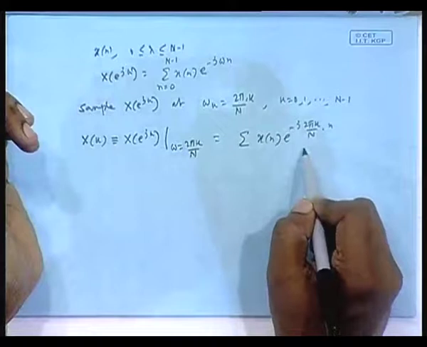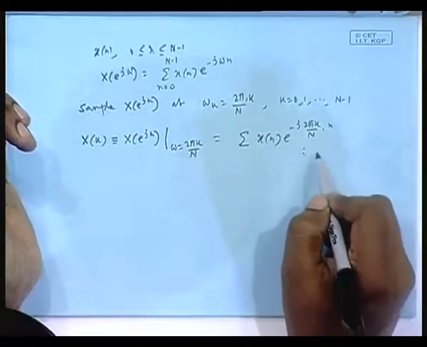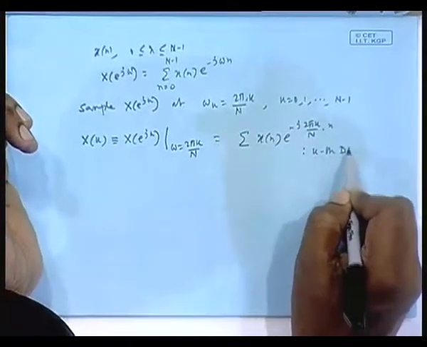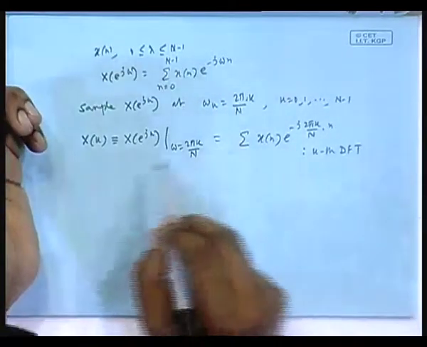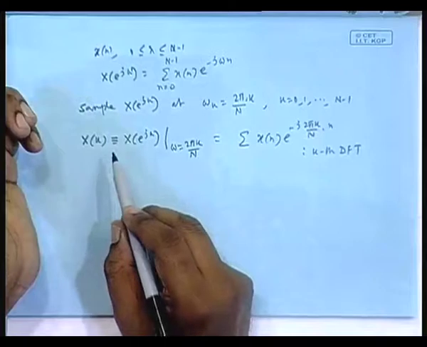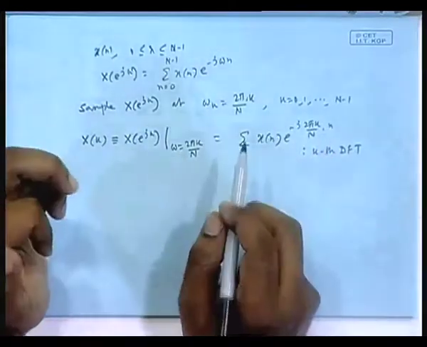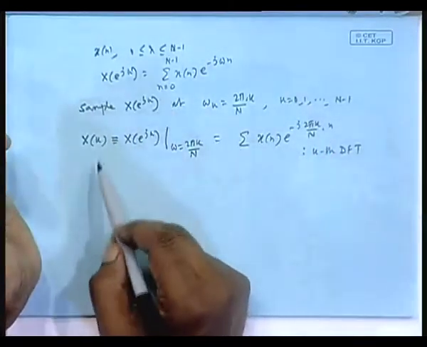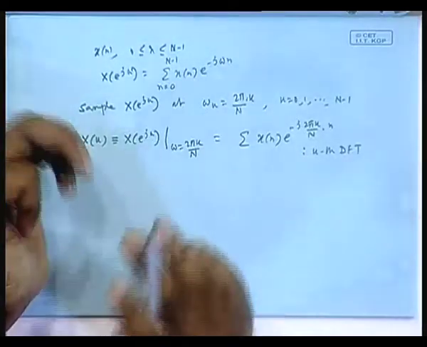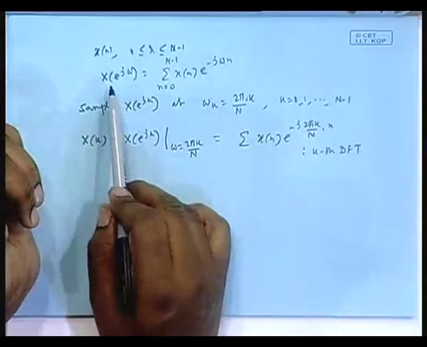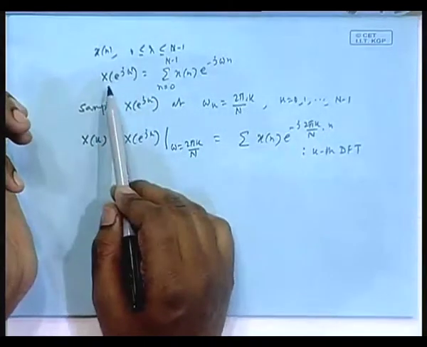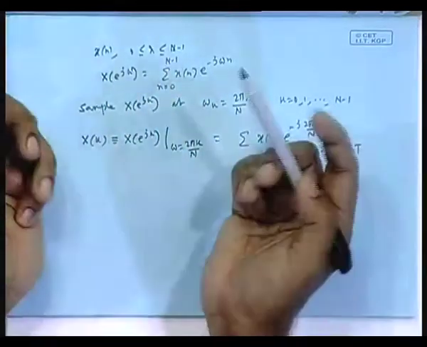X[k] is called the kth DFT. DFT means discrete Fourier transform. So, how many such DFT coefficients are there? Capital N, and my claim is these N samples of the DTFT, which I call the N DFT coefficients, are enough for me to get back x[n], and if I know x[n], I can get back the DTFT also. So, the envelope can be written in terms of its samples.